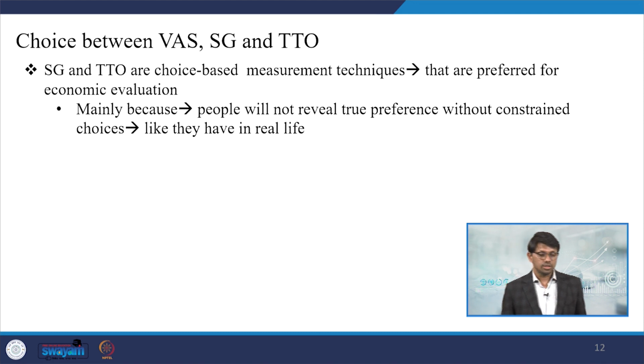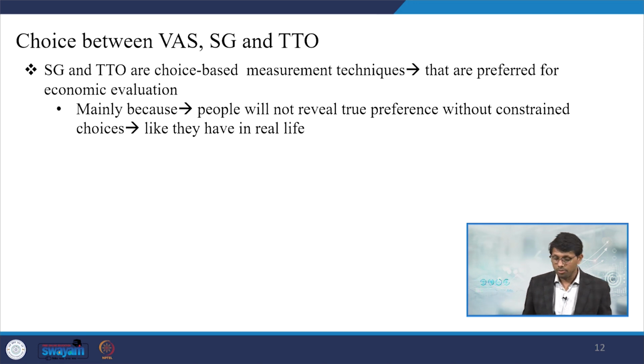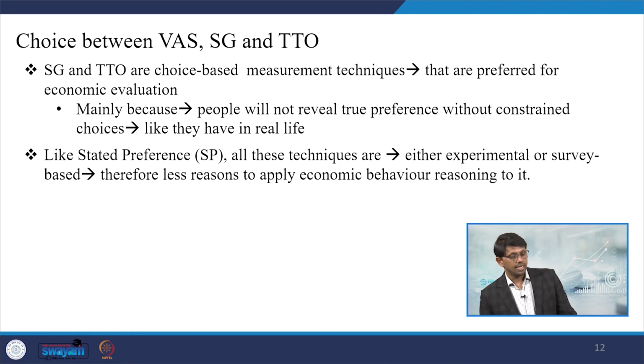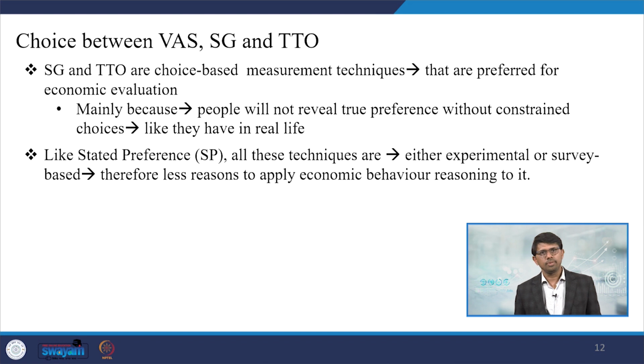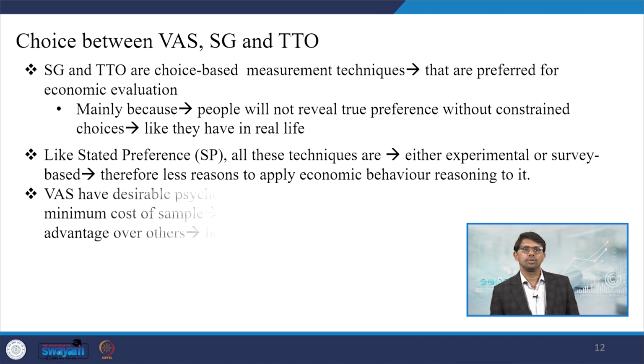SG and TTO are choice based measurement techniques that are preferred for economic valuations. This is because people will not reveal true preference without constrained choices like they have in real life. Stated preference, that is SP, techniques are either experimental or survey based, hence there is less reason to apply economic behavior reasoning to them.